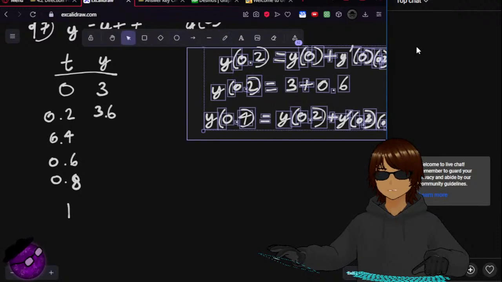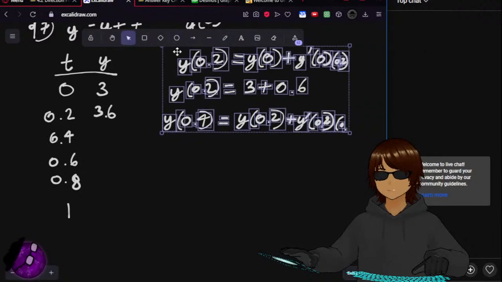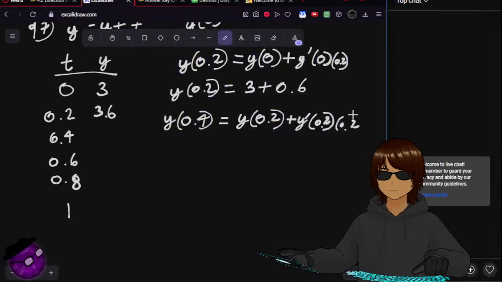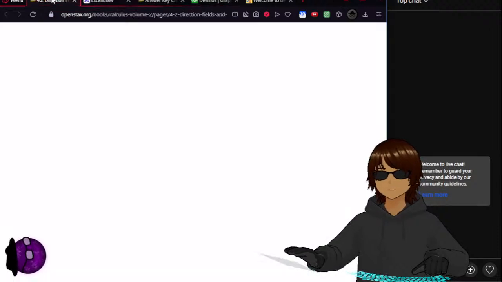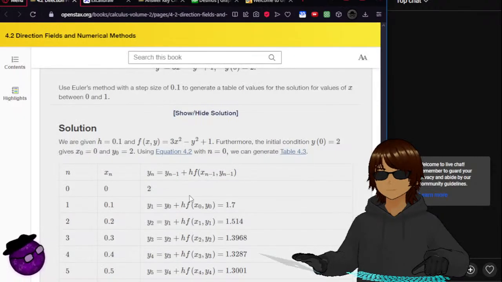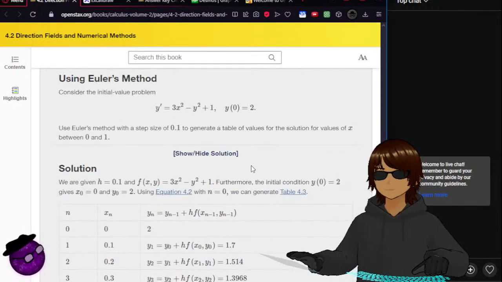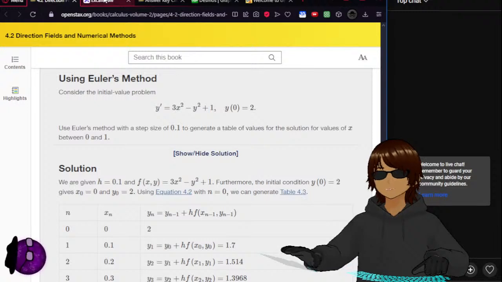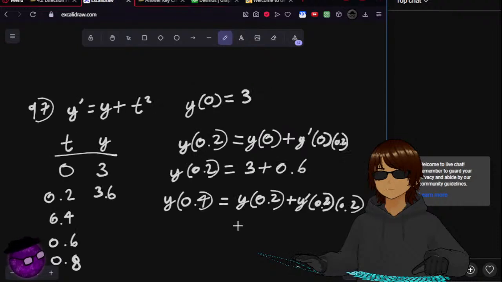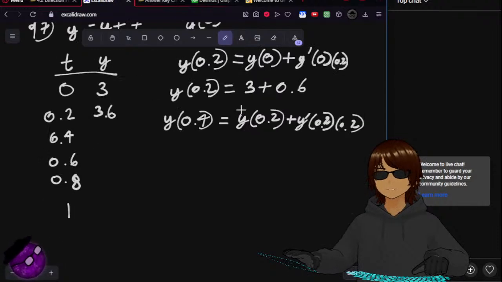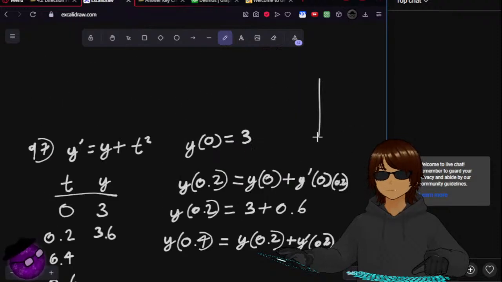Let me just take all this, put it here. Do we find the derivative at 0.2 or at 0.4? No, it's the previous one. Okay, I think that makes sense, because here is the graph.